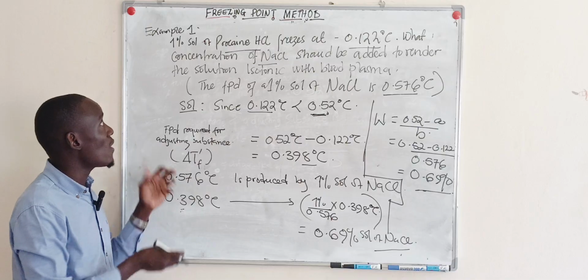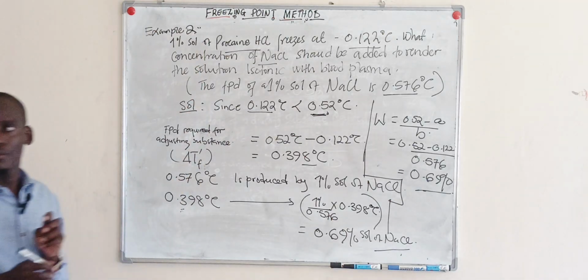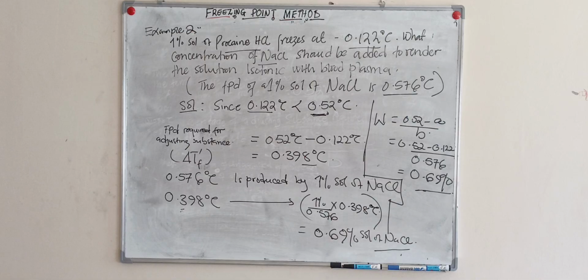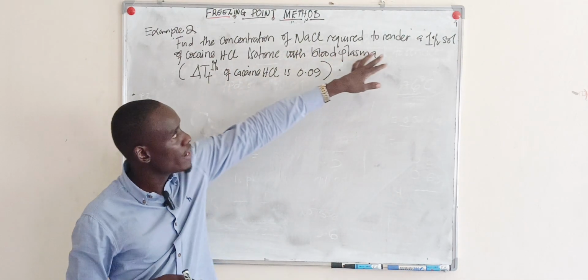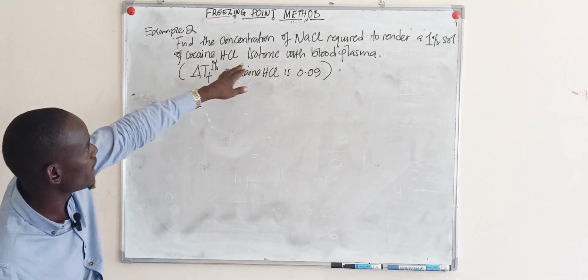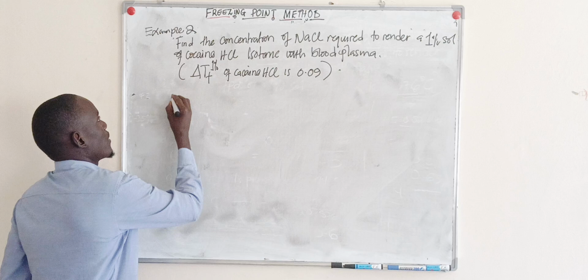Let's look at our second example. Example 2. Find the concentration of sodium chloride required to render a 1% solution of cocaine hydrochloride isotonic with blood plasma.